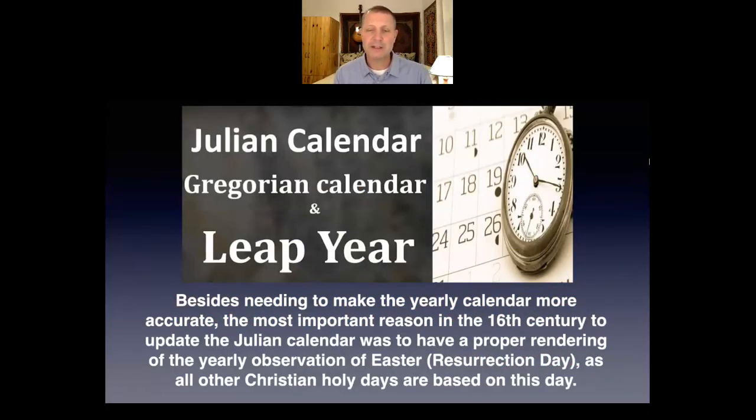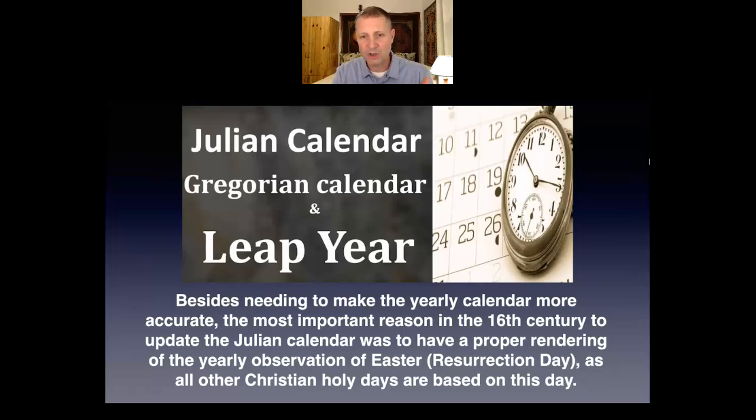Besides needing to make the yearly calendar more accurate, the most important reason in the 16th century to update the Julian calendar to the Gregorian calendar was to have a proper rendering of the yearly observation of quote-unquote Easter, which is Resurrection Day, as all other Christian holy days are based on this day.